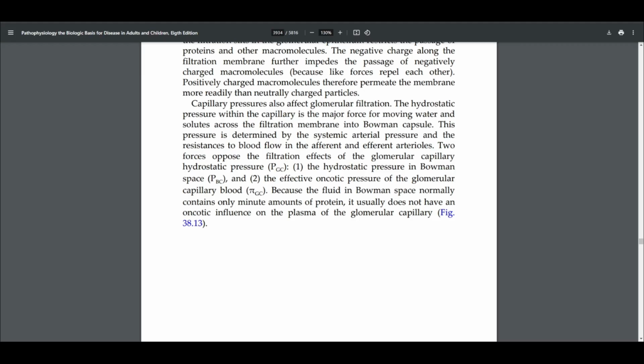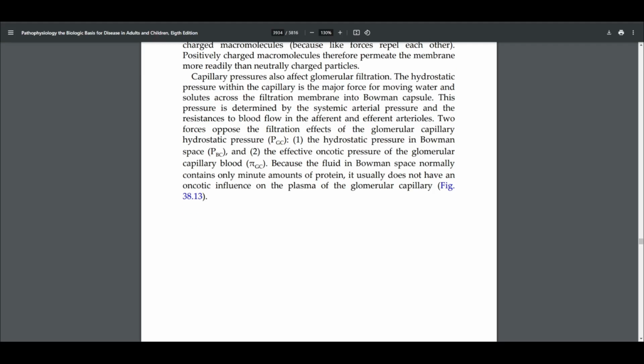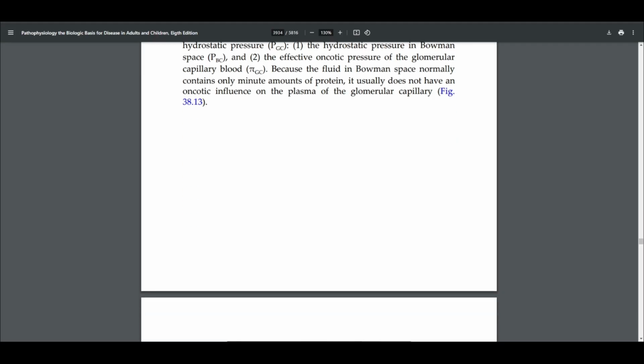Two forces oppose the filtration effects of the glomerular capillary hydrostatic pressure: the hydrostatic pressure in Bowman space and the effective oncotic pressure of the glomerular capillary blood. Because the fluid in Bowman space normally contains only minute amounts of protein, it usually does not have an oncotic influence on the plasma of the glomerular capillary.